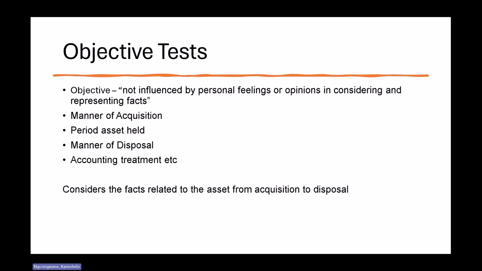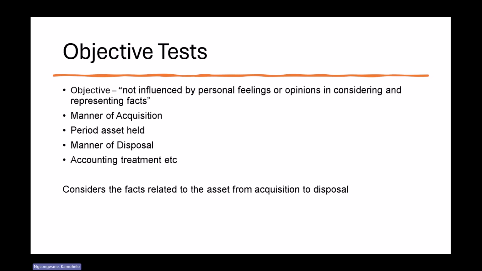So when you're looking at whether something is of a capital nature or not, there's the objective test and there's the subjective test. The objective test looks at the facts of how you acquired this asset, how long you have held this asset, what you are using this asset for, how you have treated this asset from an accounting perspective, and how you have disposed of this asset. Those are facts. I acquired this asset through a purchase from so-and-so.